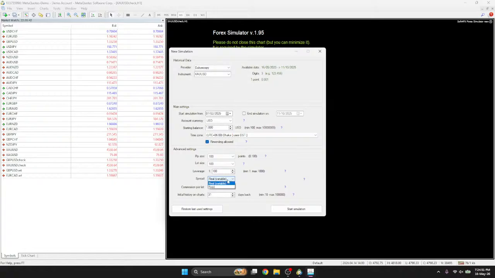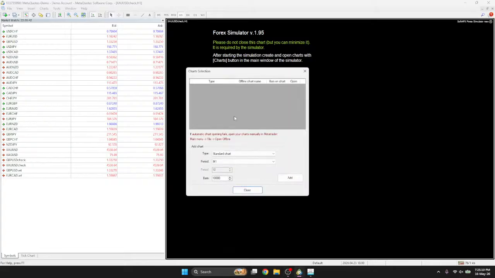Variable, no, fixed, because the simulation spread is not suitable for me. That's why I use fixed spread. So let's start.